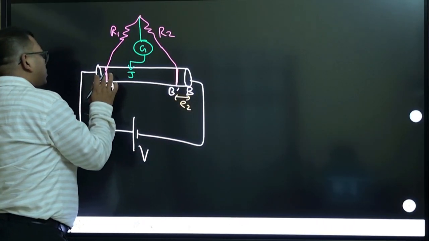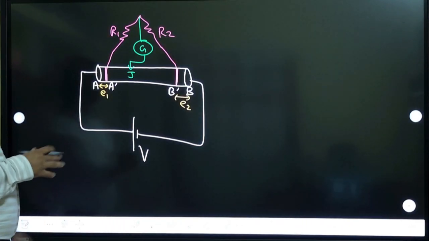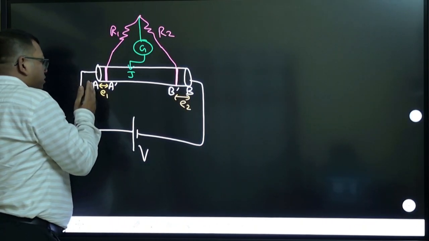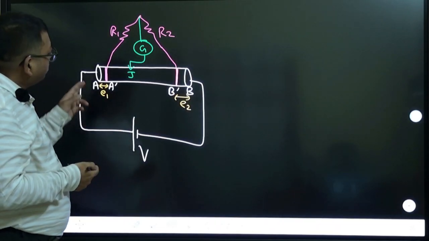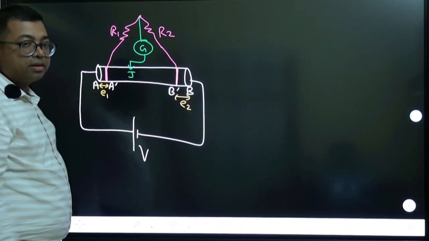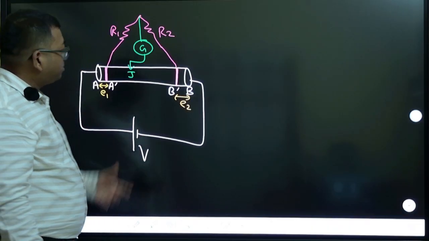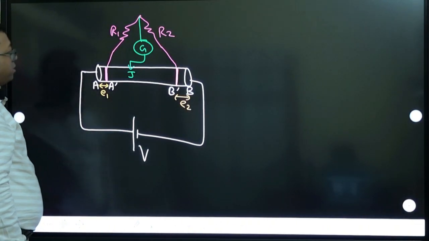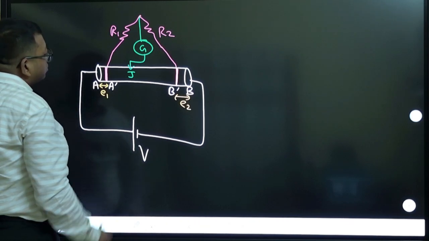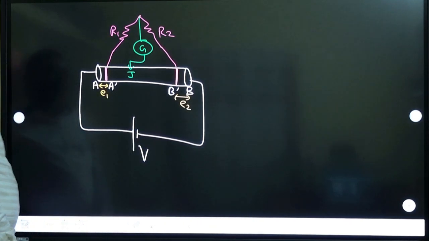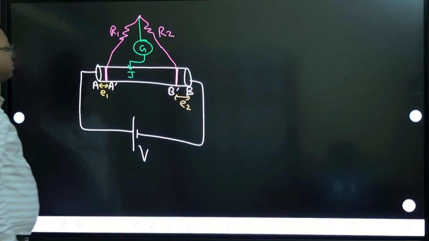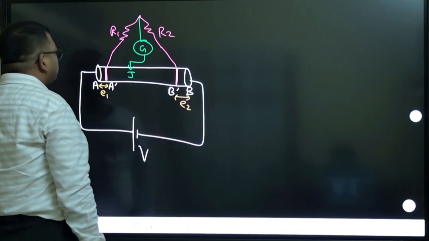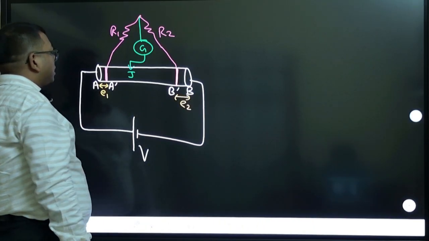You are taking a dash and b dash as the actual points, but during calculation you may be thinking that you are taking the resistance of A and B. That's the problem. Because of this, error will happen. So in this case, end corrections can be done.